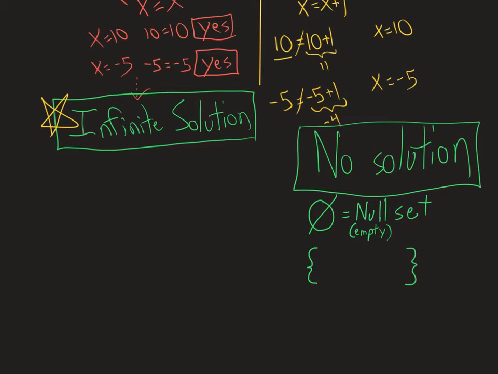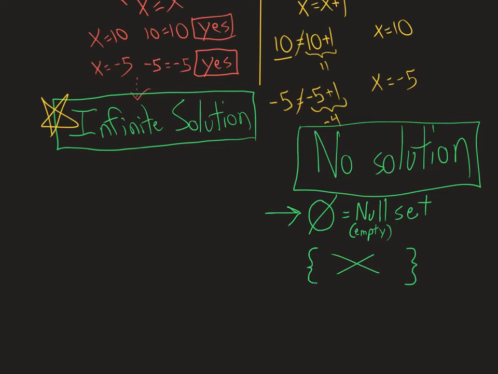If you find out that there's no solution that will work, it's called an empty set because there's nothing in the solution set to that problem. This is just a way to denote a null or empty set.